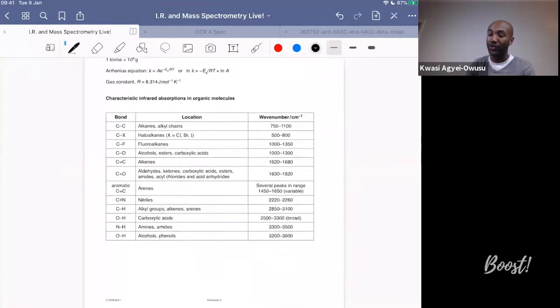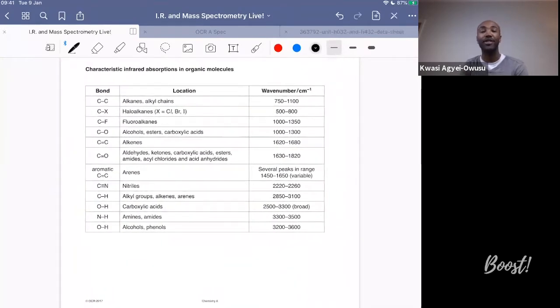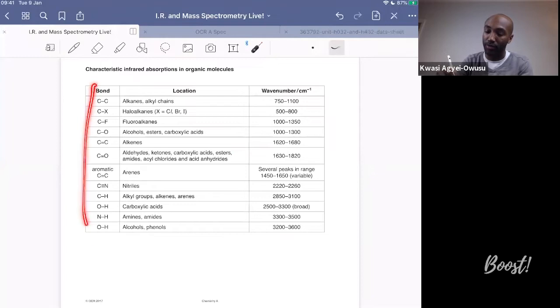Now, what does the data table for an infrared spectroscopy experiment look like? Here is a table showing different kinds of bonds, and in the very first column on the left-hand side you've got lots of different types of bonds.